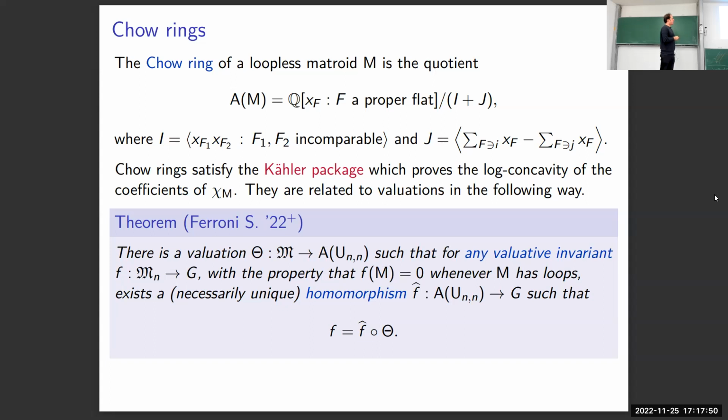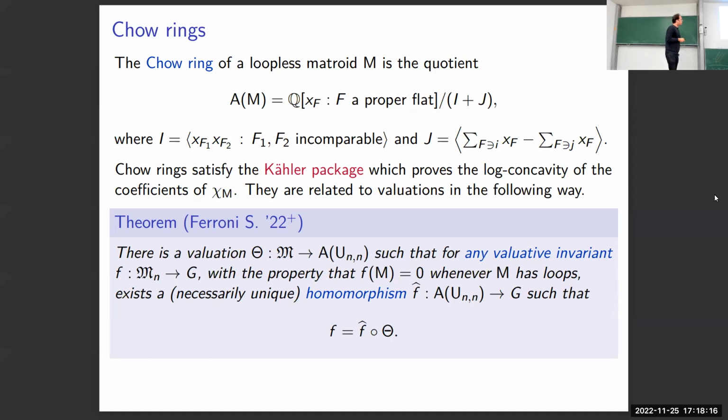One is given by incomparable flats: if they are not contained in each other, then their product should vanish. Or if I have a fixed element i and a fixed element j, and I take all the flats which contain i and all the flats which contain j, then their difference should also vanish. Therefore, I quotient out by these two ideals, and this is my Chow ring.